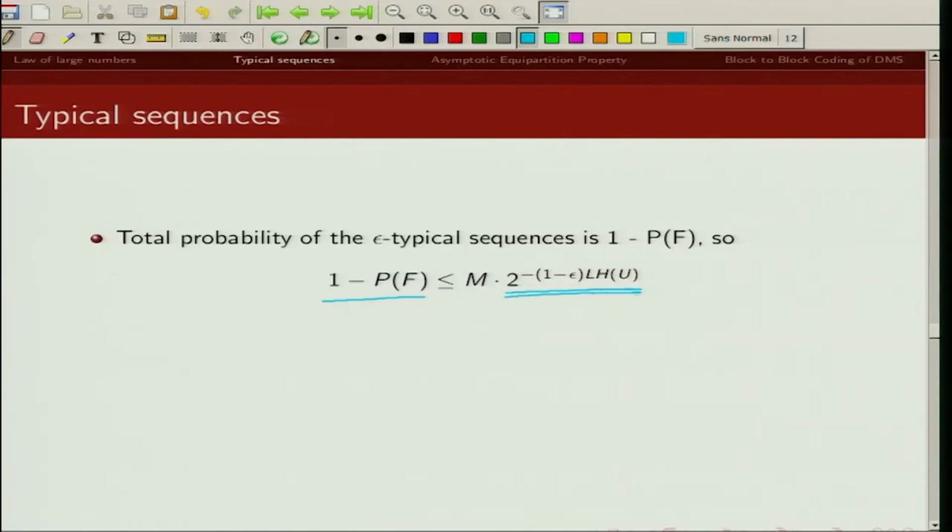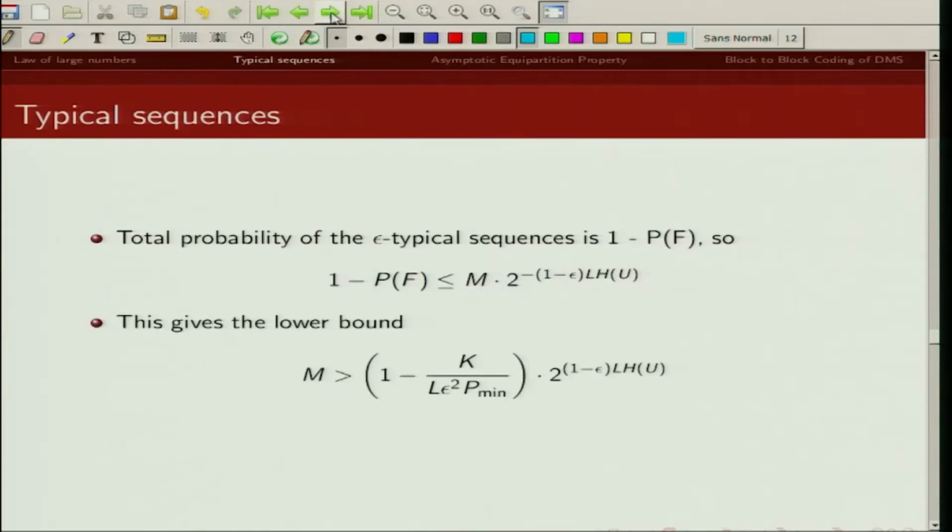This is the upper bound on the probability of occurrence of a typical sequence, which we get from property 1. And what is this quantity? We have already derived it in property 2, so we plug in that value.